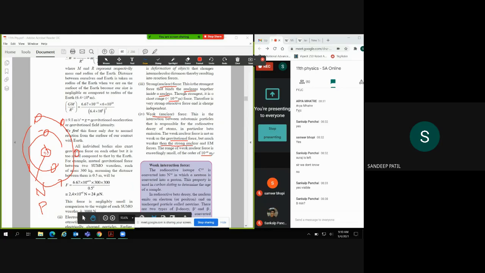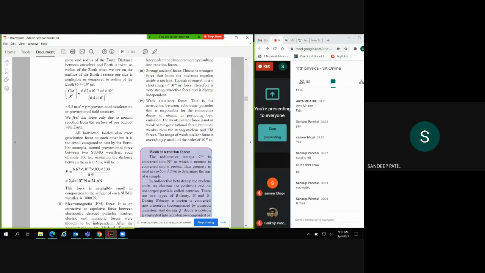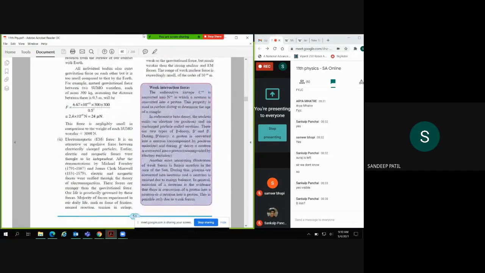So it acts over a very small distance; the strong nuclear force was acting around 10 raised to minus 14 meter, but this weak nuclear force acts around 10 raised to minus 16 meter. Okay, if you have any question about these forces, you can ask here.